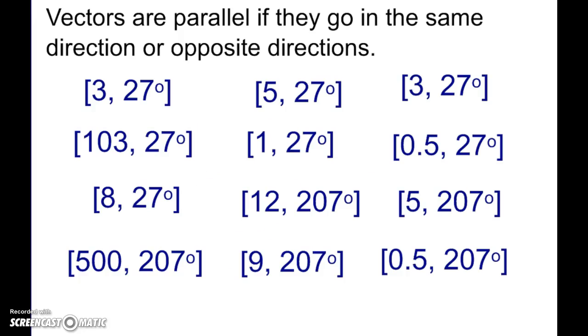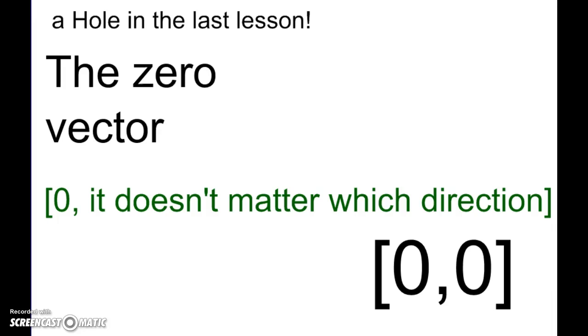These vectors are parallel. What do you see? And what's the relationship between 27 and 207? Yeah, they're opposite directions. Oh, by the way, I forgot to really mention the zero vector.